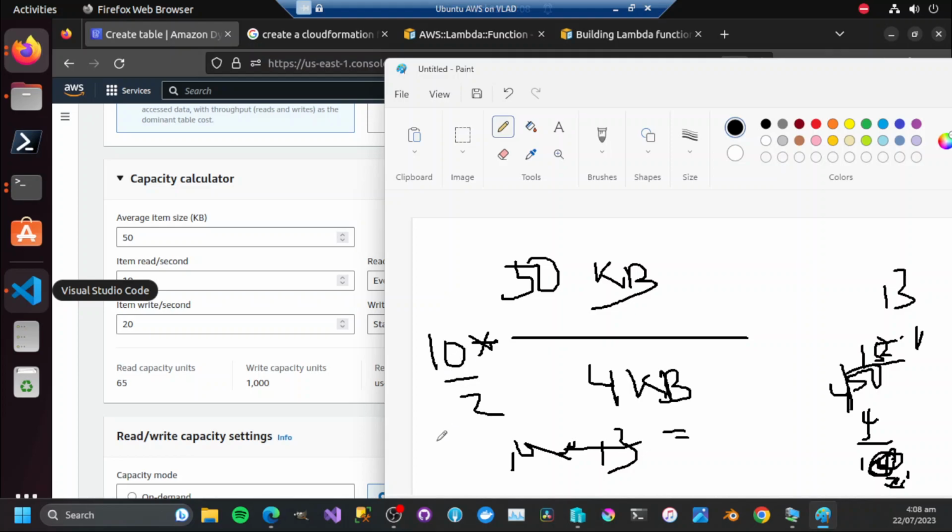So it's going to be 3. Huh? Is it correct? 3 times 12.5 is 37.